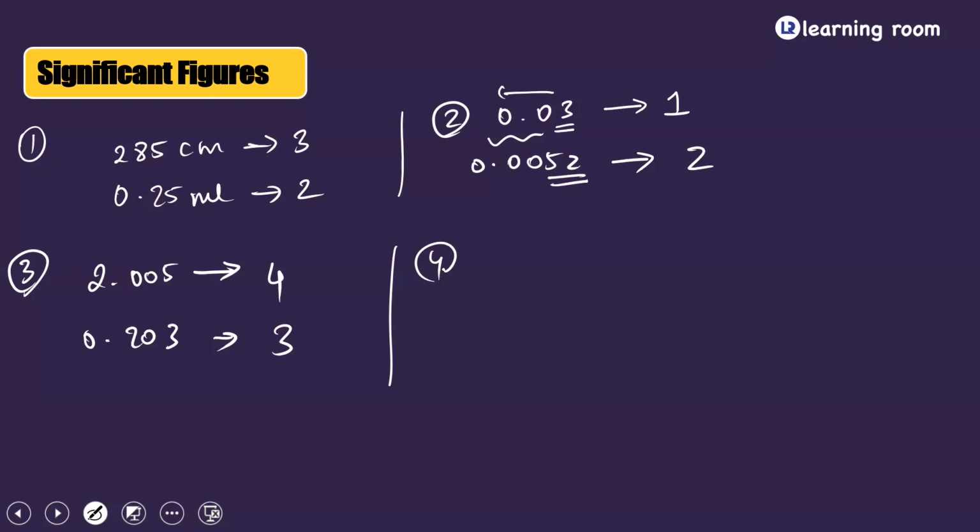Zeros at the end, or right side of the decimal point, after a number are significant.